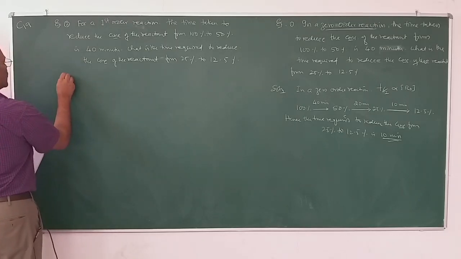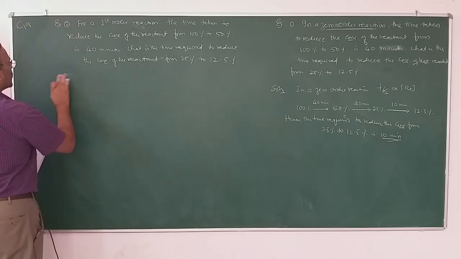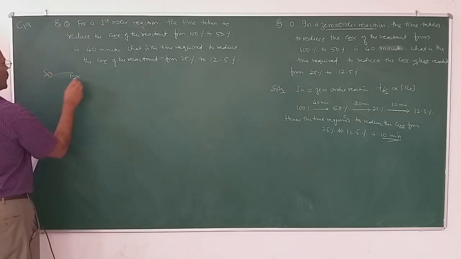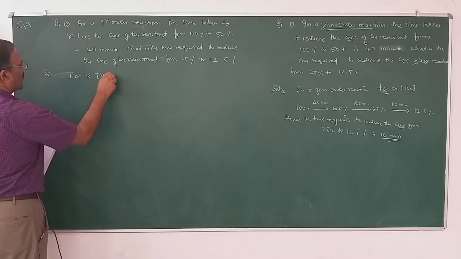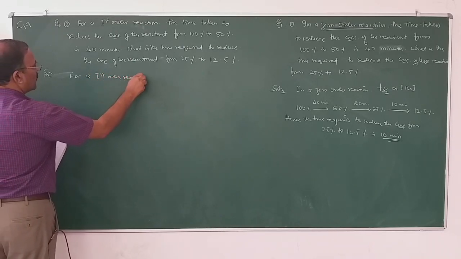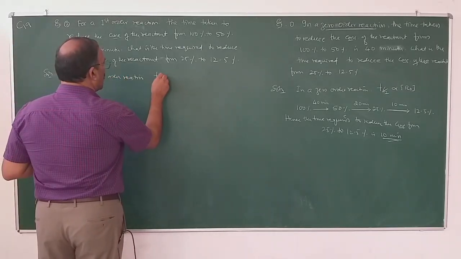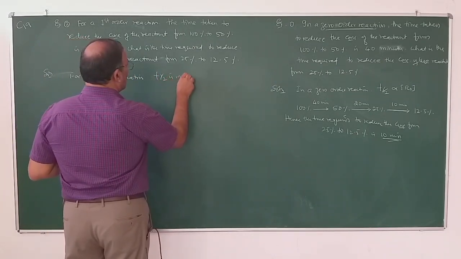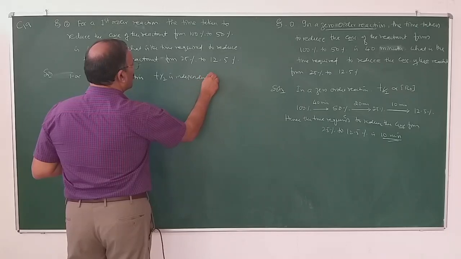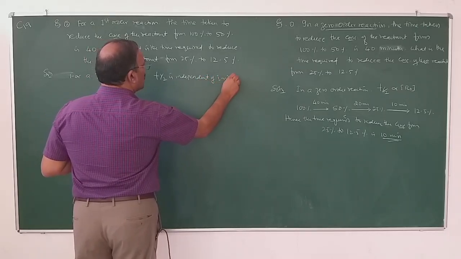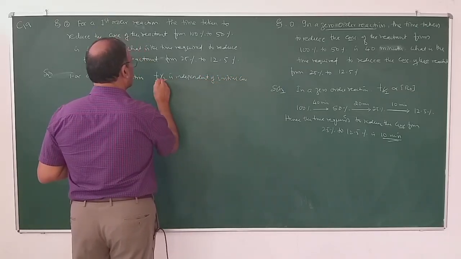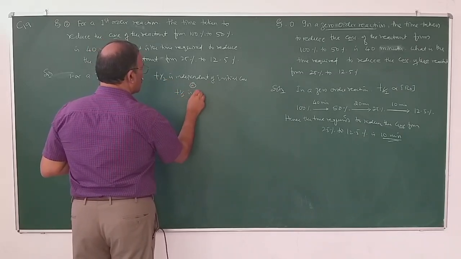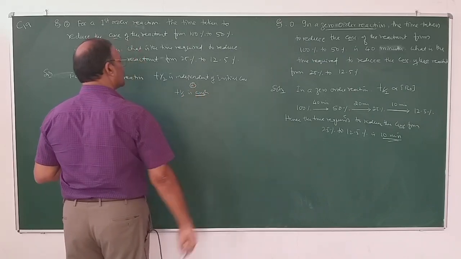So for a first order reaction, T half is independent of initial concentration, or T half is constant.